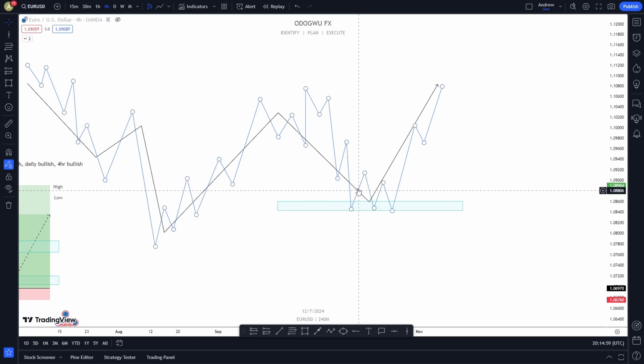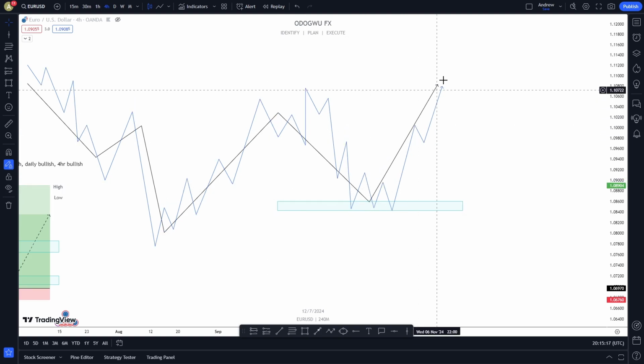Now on the daily we are having more price action going on. We have the higher highs and we have the triple bottom going on that zone. This is what we mean by price is fractal. So we have this structure, a single touch and then the reversal, the continuation to the bullish trend.